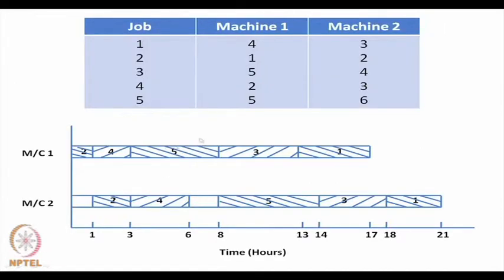Now, let us apply this to this problem. There are 2 machines, machine 1 and 2. A job goes through both machines in the same sequence, first machine 1 and then machine 2. Job 2 also in the same sequence, 3 the same, 4 the same, 5 the same, but the operation times are different. Job 1 takes 4 hours in machine 1 and 3 hours in machine 2, and similarly for the others.